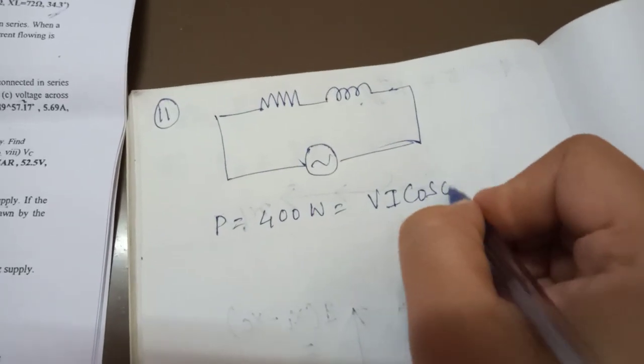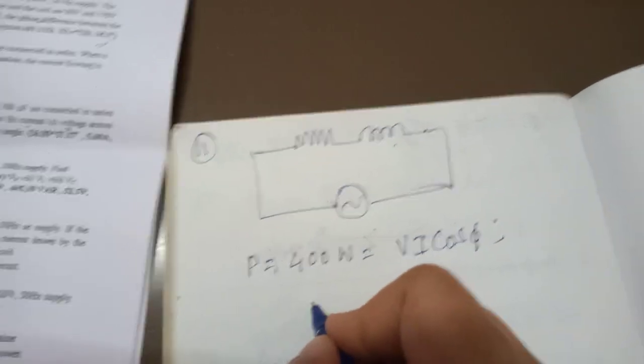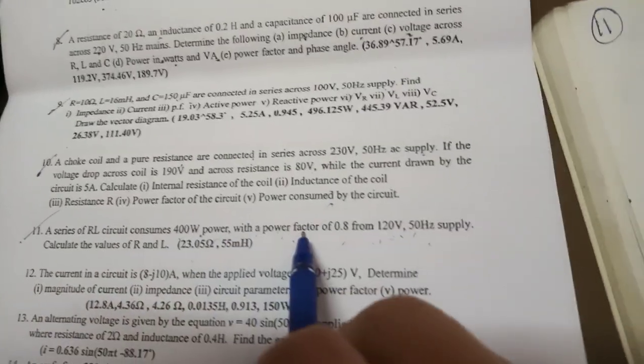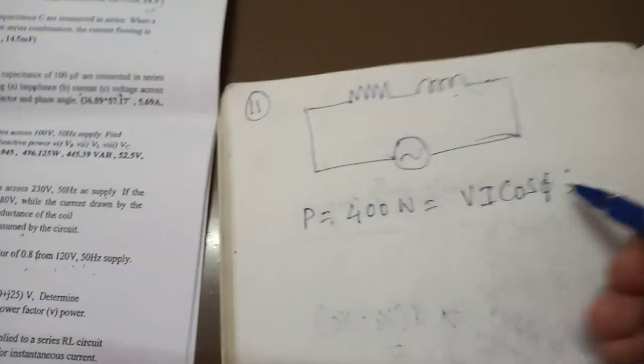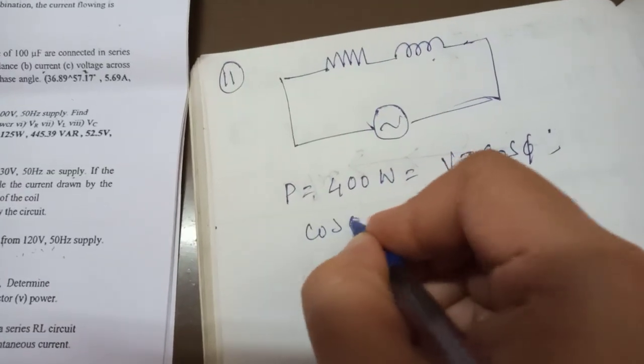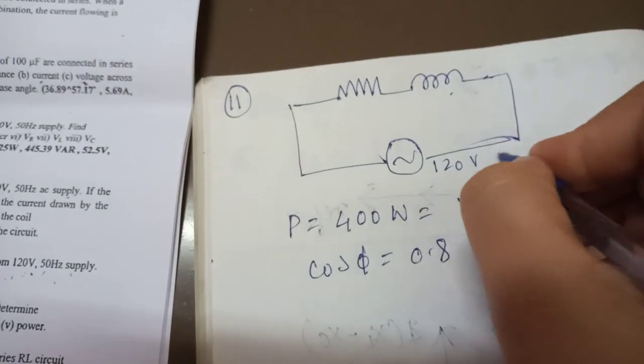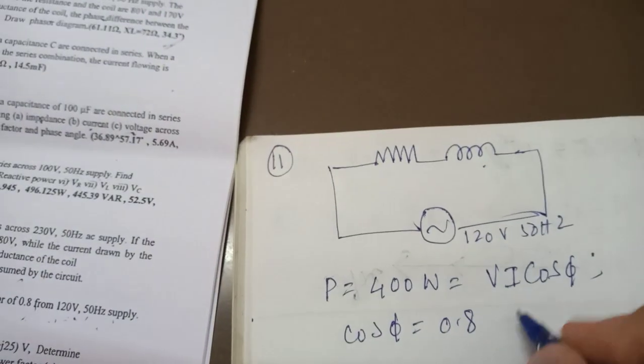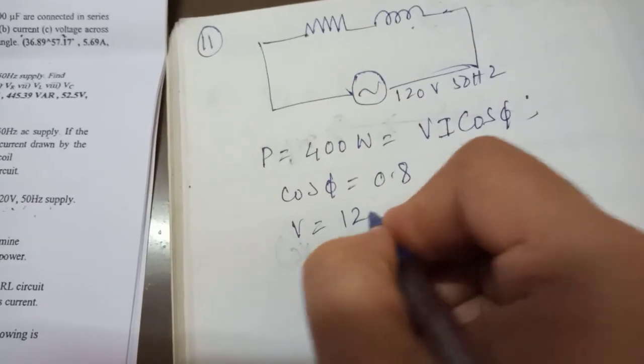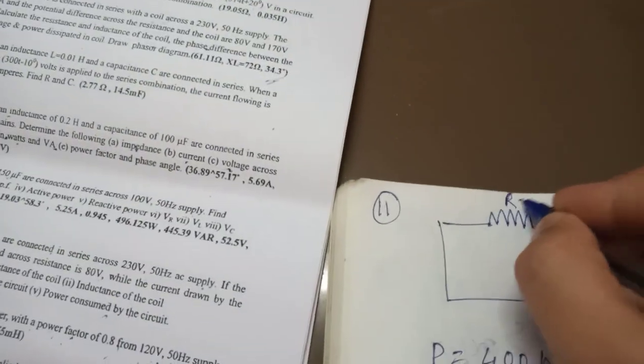VI cos phi, right? With a power factor of 0.8. Cos phi they have given 0.8, from a 120 volt 50 hertz supply. So V is equal to 120 volt. Calculate the value of R and L. I have to calculate the value of R and L.